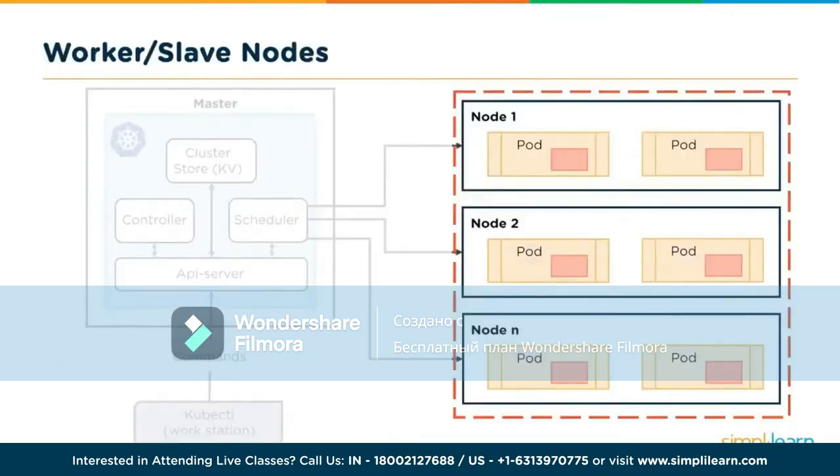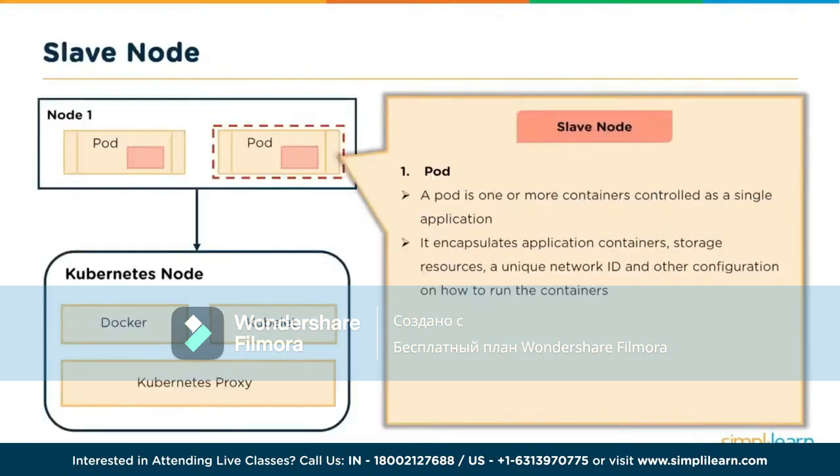And so you end up with a worker-slave architecture, and slaves are all the different nodes and pods within your network. And so a pod itself will have one or more containers, and each pod will have a Docker container, a kubelet, and a Kubernetes proxy.